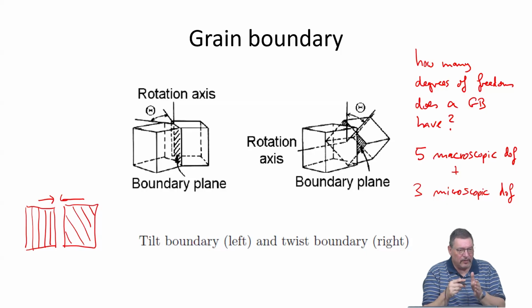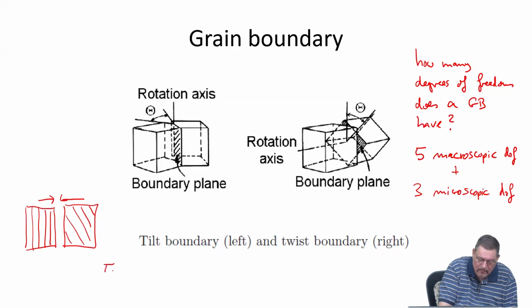So all of this information on how the misorientation between the two grains is, and how the boundary plane is inserted in this configuration of two misoriented grains coming together, gives you these 5 degrees of freedom.